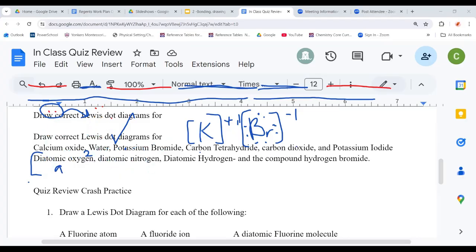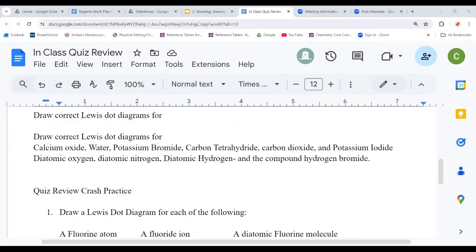They're a little more involved. All right, so those are my ionics. Let's start with water.